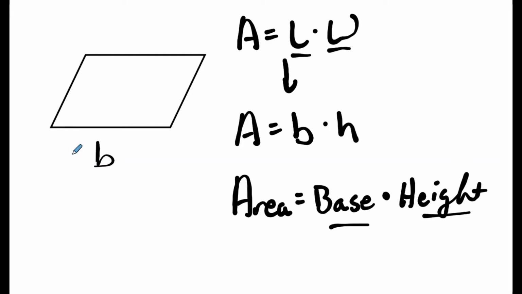Up a little bit. So you could have your base down here and your height that way. We'll change colors here. This could be your base and your height could go that direction.